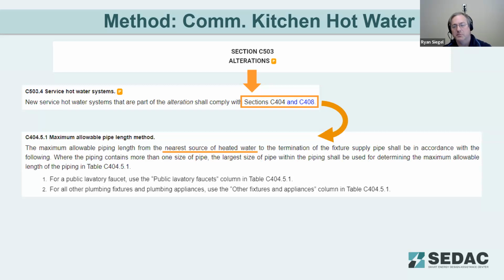That could be a circulation system, a domestic hot water heater, or even a point of use unit. So from the source of heated water to the termination of the fixture supply. So where the pipe comes out of the wall and that valve for the fixture. That's where we're measuring to.